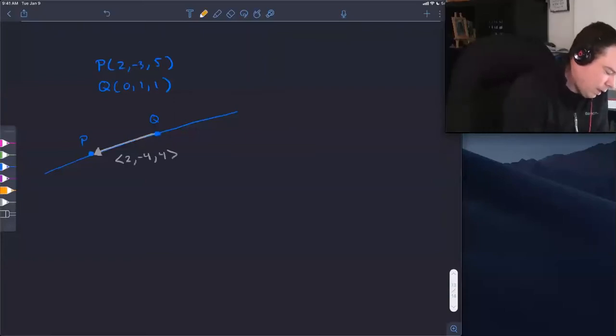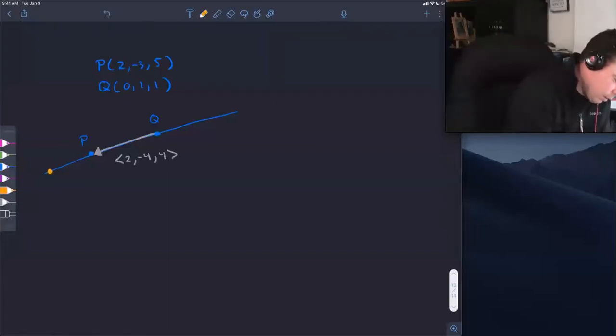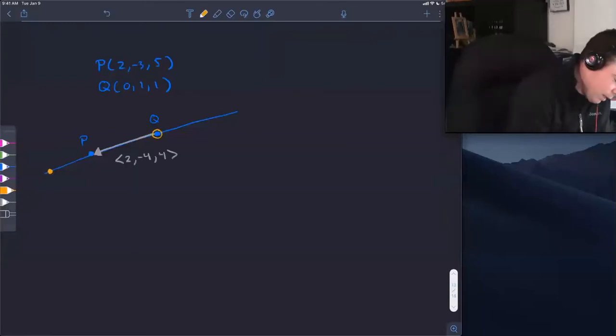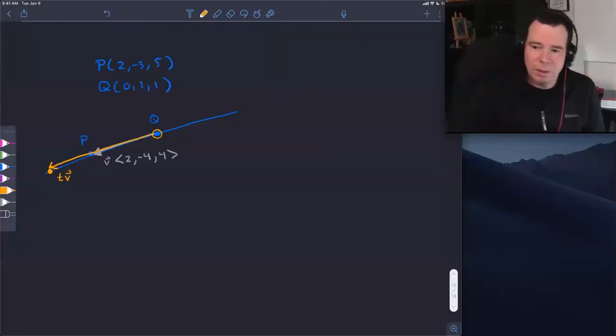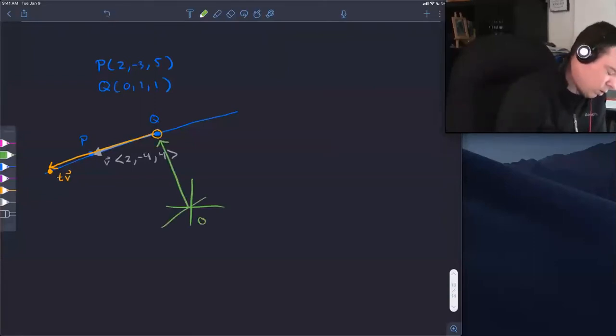And now to get to any other point on the line, we would start at one point on the line, let's say Q in this case, and then add to that some multiple of this vector, which I'll call V. So if there's an origin somewhere, the way I would get to that orange point way out at the end is I'd use the position vector.